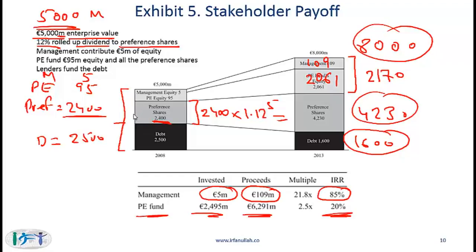So the private equity fund, not guaranteed, but essentially lowered their risk by having preference shares, which meant that they would at least get their 12% before any other payments are made. When you combine the preference shares with the common stock, effectively the IRR became 20%.